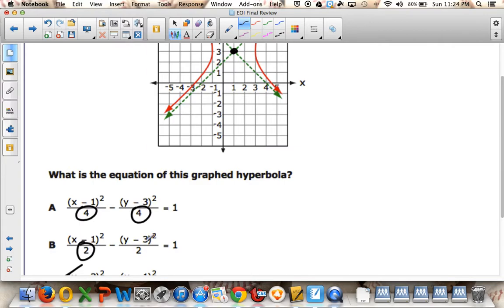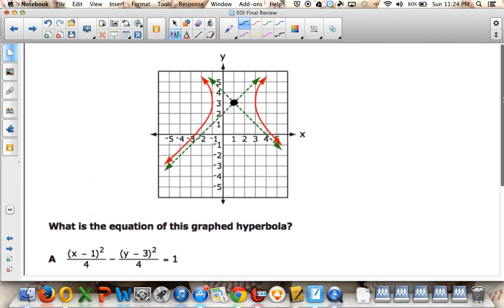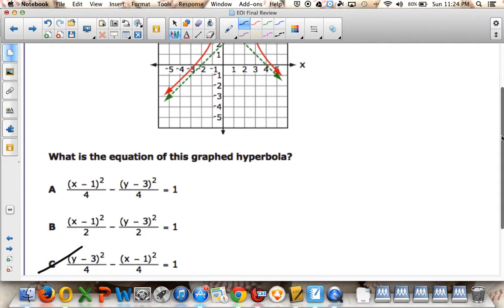You can graph both A and B on your calculator and see which one looks more like this picture. The answer is going to be A.